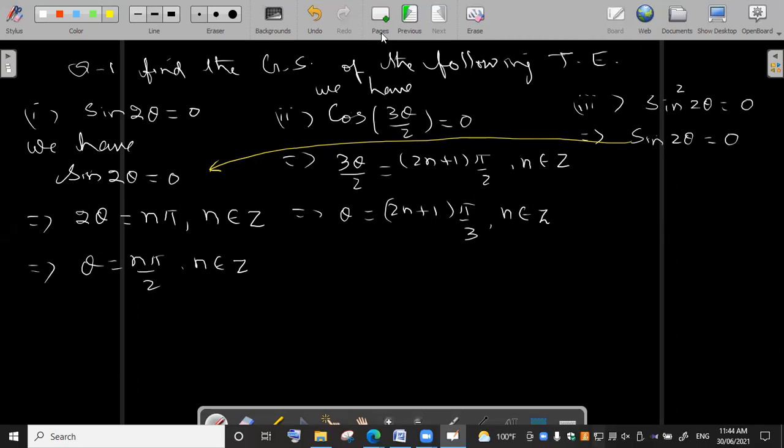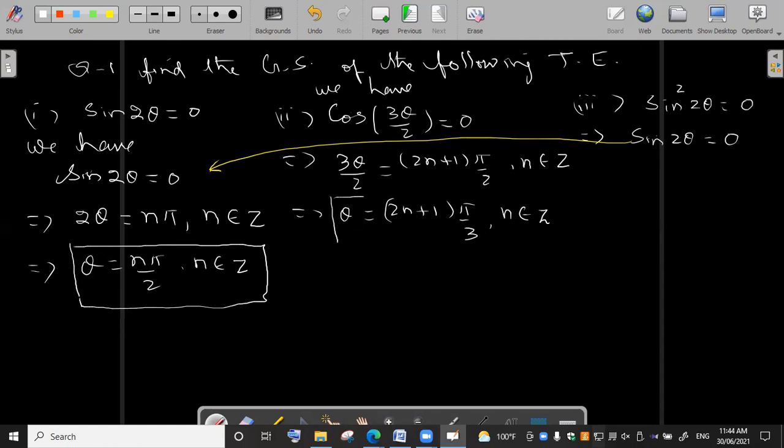Now the second type, we are moving to the next part. There also we have to find the general solution. Here also we are finding the general solution. We are writing in terms of n, which means it is a general solution. You can substitute infinite values of n, and for integers you get infinite solutions.